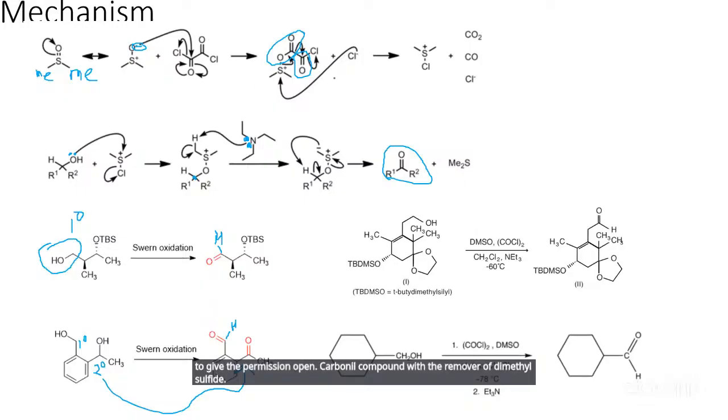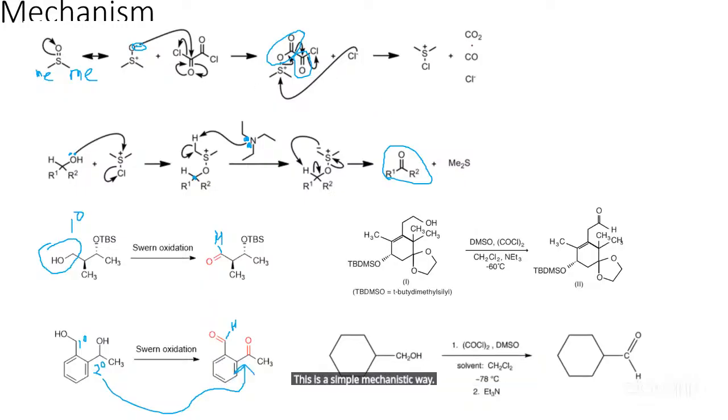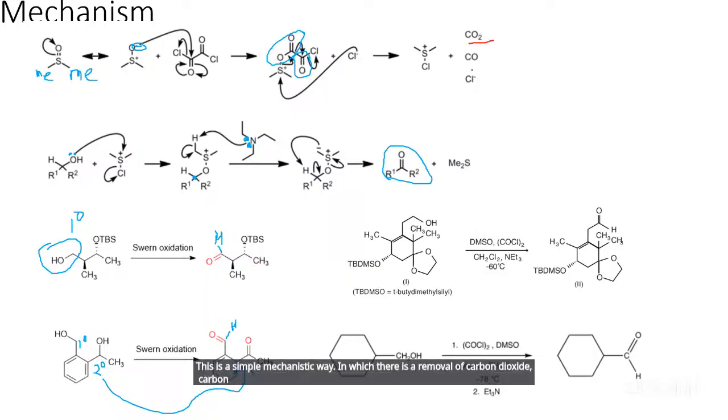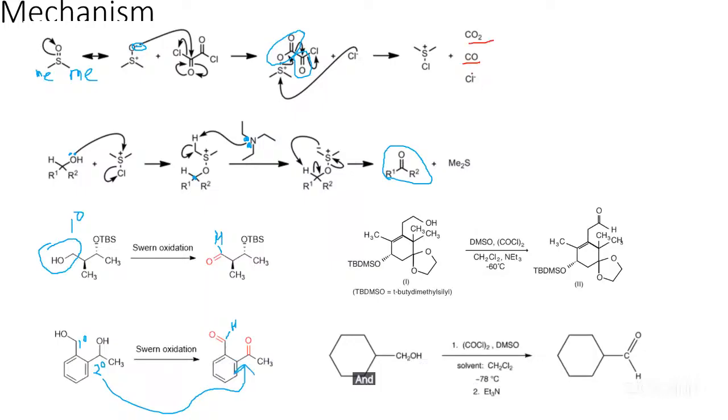This is a simple mechanistic way in which there is a removal of carbon dioxide, carbon monoxide, and a chloride ion. This Swern oxidation, as stated earlier, converts primary alcohol to an aldehyde without affecting other oxidizable functional groups.